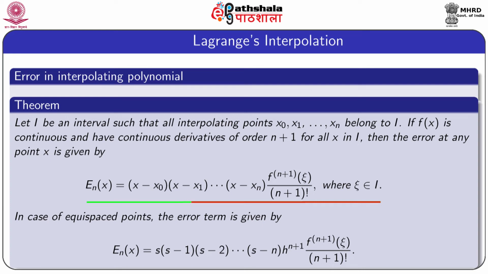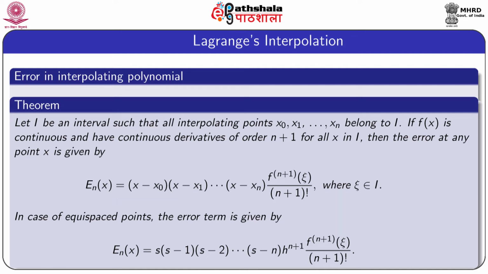This is nothing but w(x) into the (n plus 1)th derivative of f at the point xi, whole divided by factorial n plus 1, where xi is a point which belongs to the interval I.